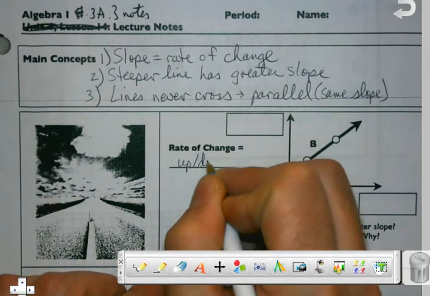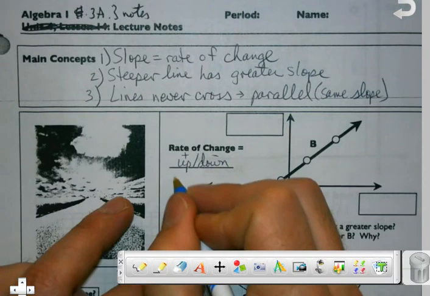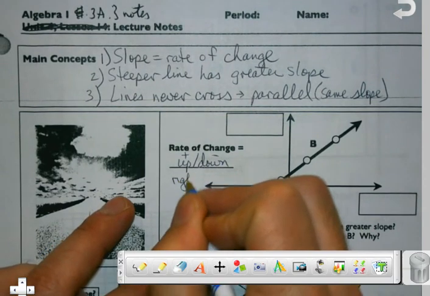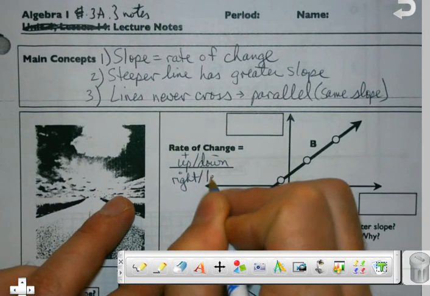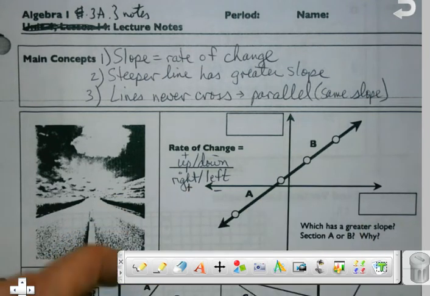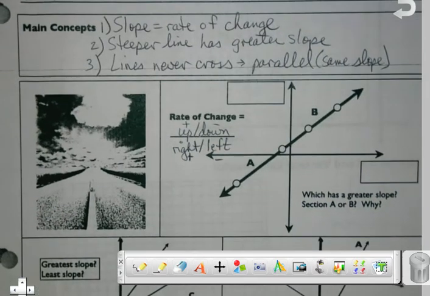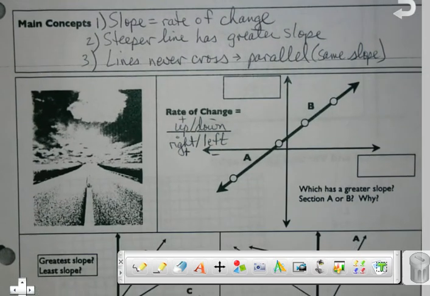So my rate of change is my up or down, my rise, over how much I go right or left, my run. If I'm on the same line, which I am here in this one, which has a greater slope, section A or section B, that's kind of a tricky question.